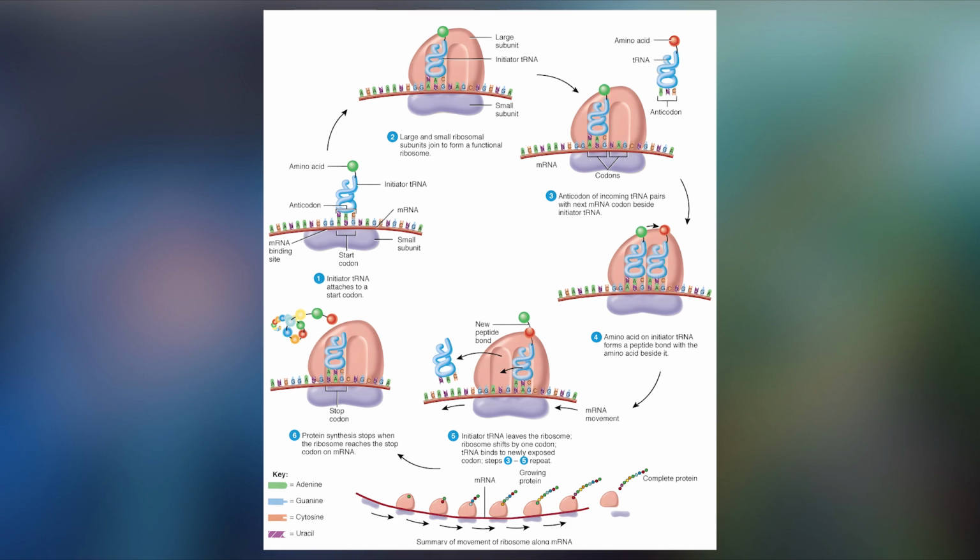Now, once again, just like with transcription, often we want to make more than one copy, or more than one protein from a given mRNA transcript. And so you'll often have multiple ribosomes working to produce proteins from a single given mRNA transcript.